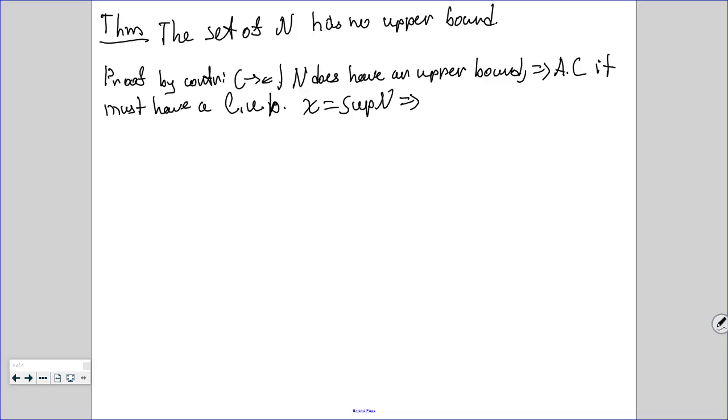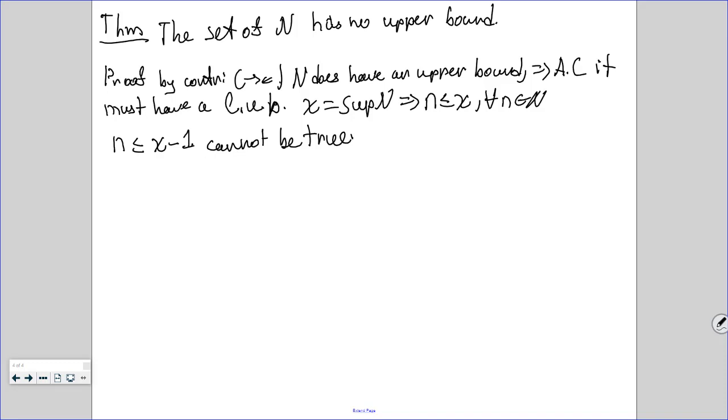From here, by definition of least upper bound, we can say that n is less than or equal to x for all n that belong to the natural numbers. And we know that n less than or equal to x minus 1 cannot be true for all n, because x is the supremum of N.